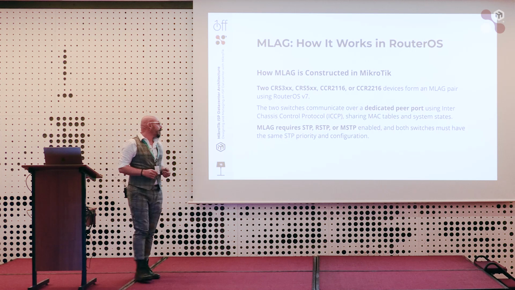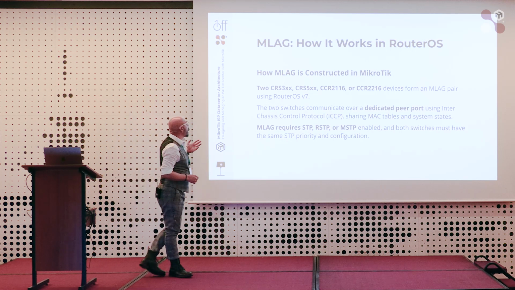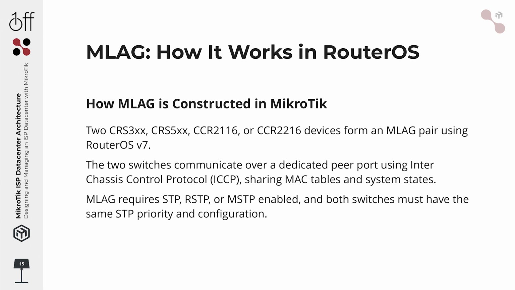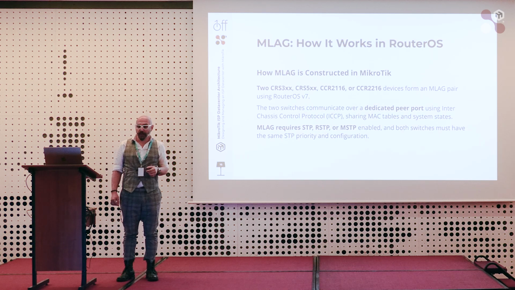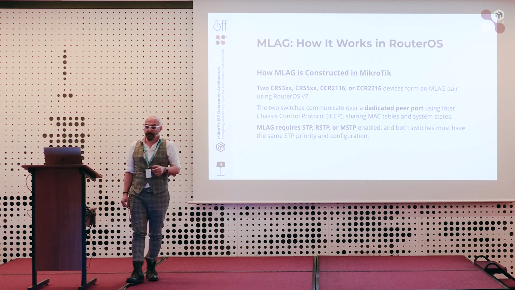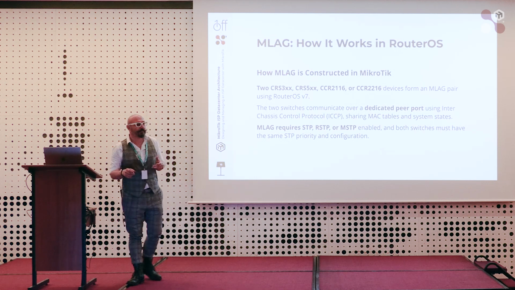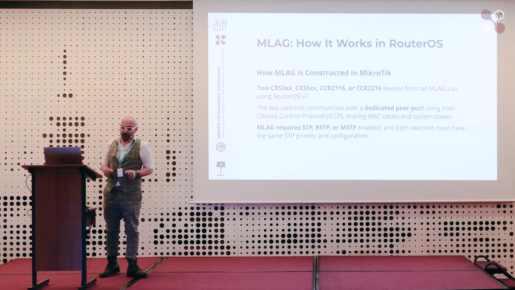To do an MLAG configuration, we need two Cloud Router Switch series 3 or 5, or 2000 series Cloud Core Routers, of course. So the new Prestera Marvell chips. We need a dedicated peer port in which the switches will run the Inter-Chassis Control Protocol, ICCP, and they share MAC tables, system information, and so on.